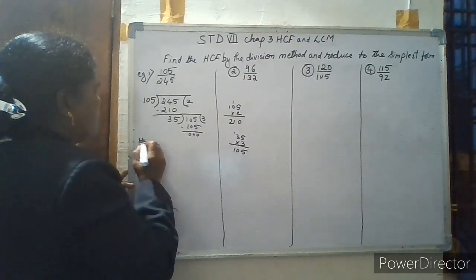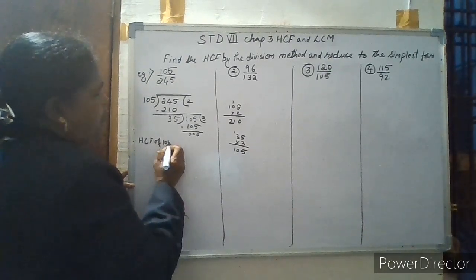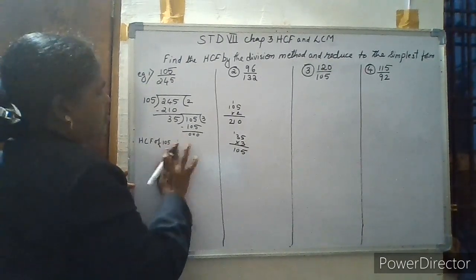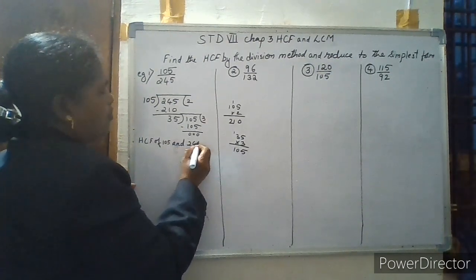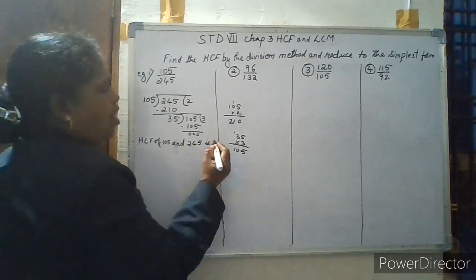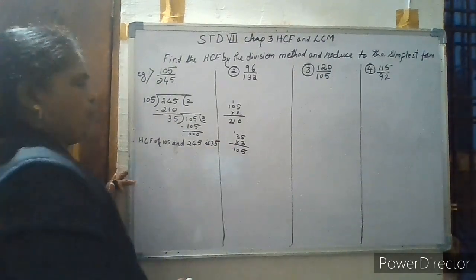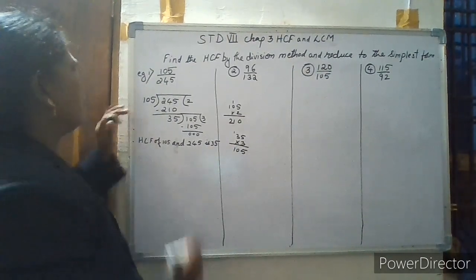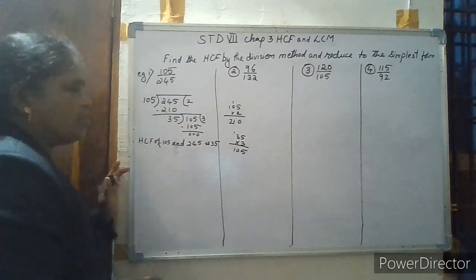So HCF is equal to 35. HCF of 105 and 245 is the last divisor, that is 35. So that means these two numbers are divisible by 35.